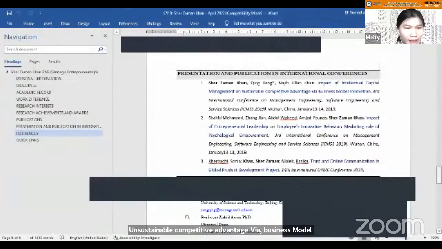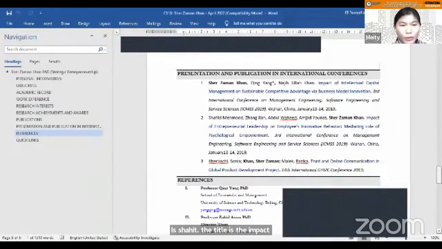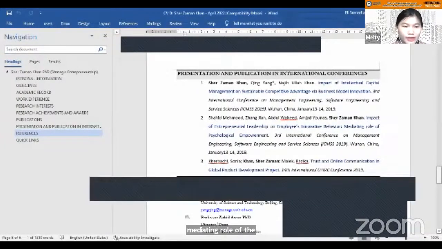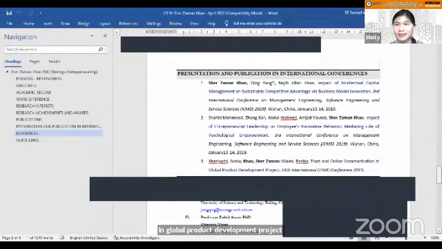The second one, with Shahid Mahmud Changjian, is titled The Impact of Entrepreneur Leadership on Employees' Innovative Behavior, Mediating Role of Psychological Empowerment. And the last one is Trust and Online Communications in Global Product Development Project. So that's about Dr. Sher Zaman Khan.